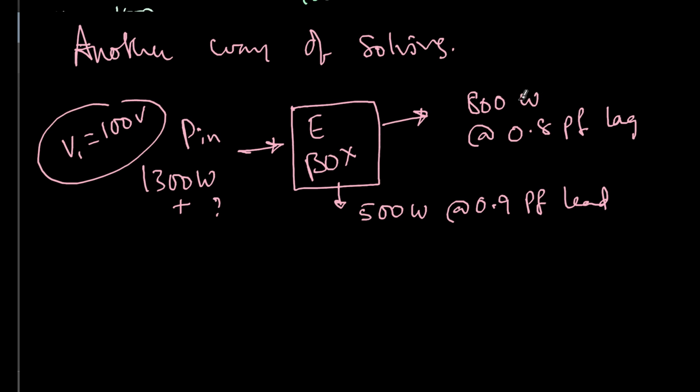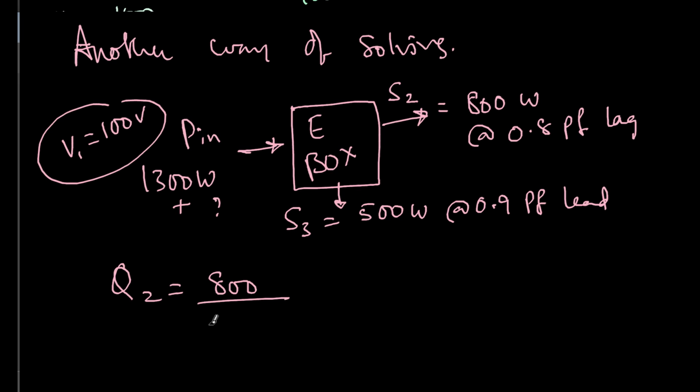So let's do that. This is S2, this is S3, and we'll need to find out S1. So what is Q2, the reactive power demand of this? 0.8 is the power factor, and 800 is active power.